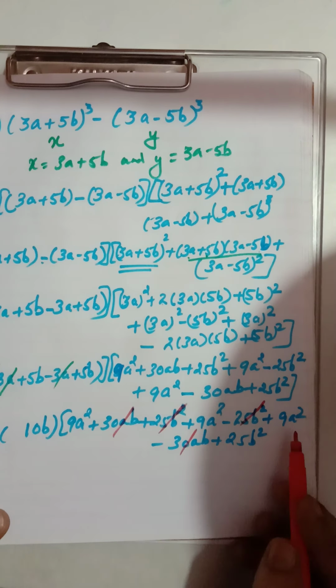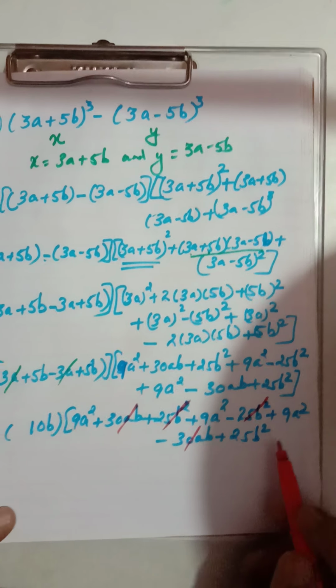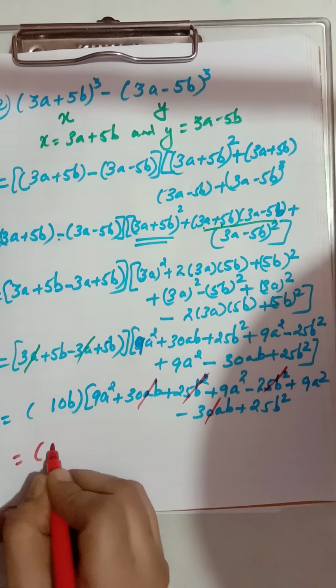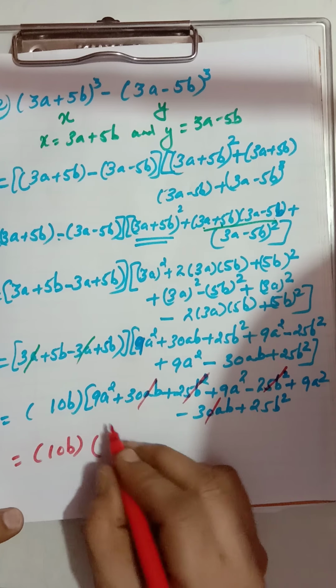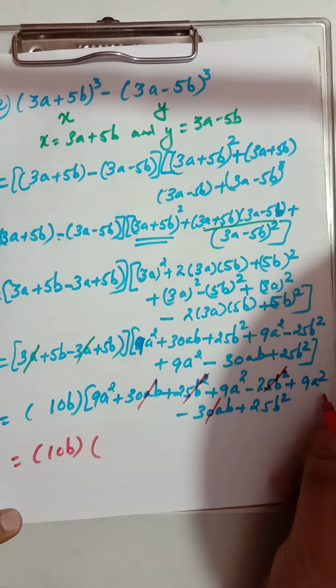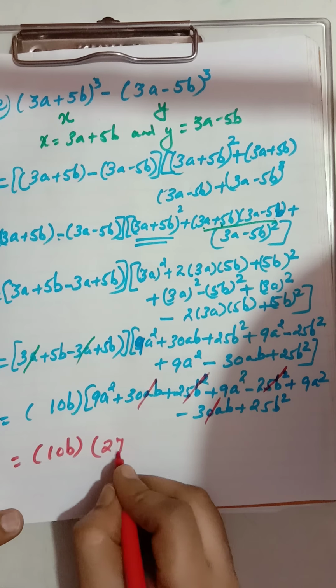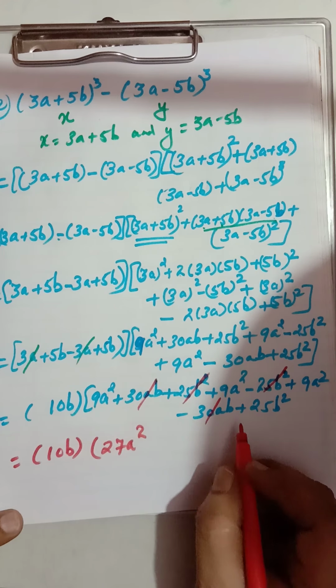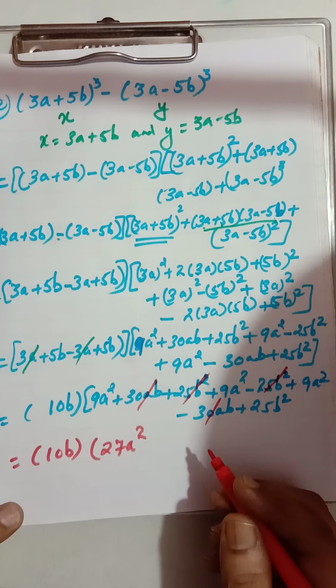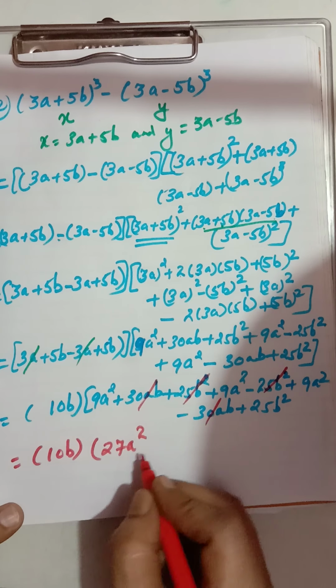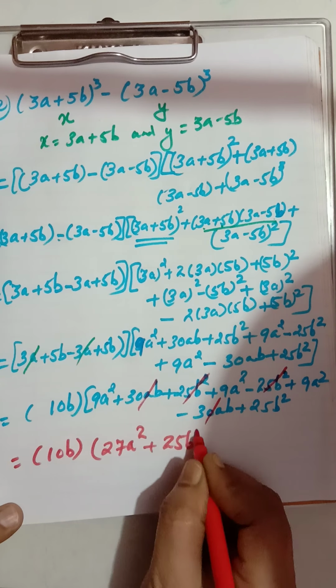Then 9a², 9a², 9a², and is anything else remaining? No, nothing is remaining. So what is remaining? 10b into (9a² + 9a² + 9a²). So that becomes 9 plus 9 plus 9, that is 27a². And what else is remaining, children, is plus 25b².